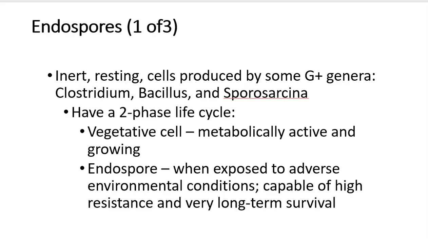Okay, and these are inert resting cells, and they have 2 phases: the vegetative state, where they're active and growing, and when adverse conditions occur, it moves its genetic material into this endospore, and it can survive all kinds of different environmental conditions and very long-term survival.